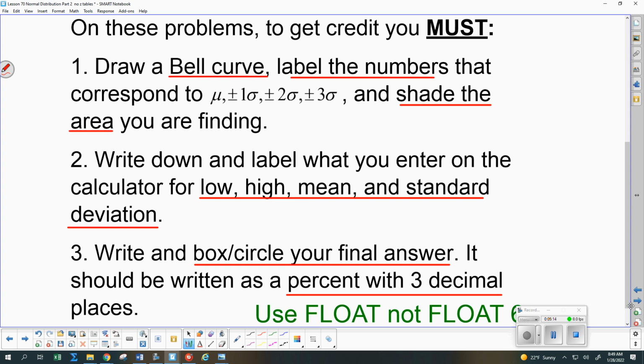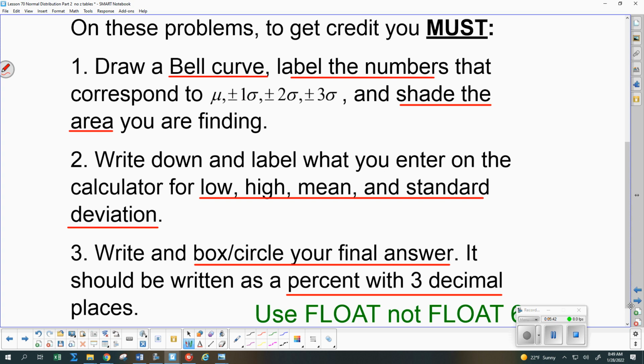Then, because the problem's not going to ask you about those 1, 2, and 3 standard deviation percents, find the numbers that this problem is talking about and shade that area on your bell curve. You'll see that on the examples we're about to do. Then we're going to make the calculator do all the work. And our rule is always, if you pick up a calculator, you have to write down on your paper what you type in on the calculator.